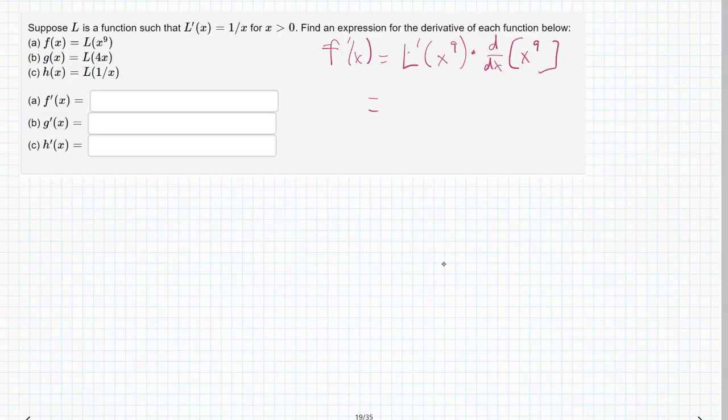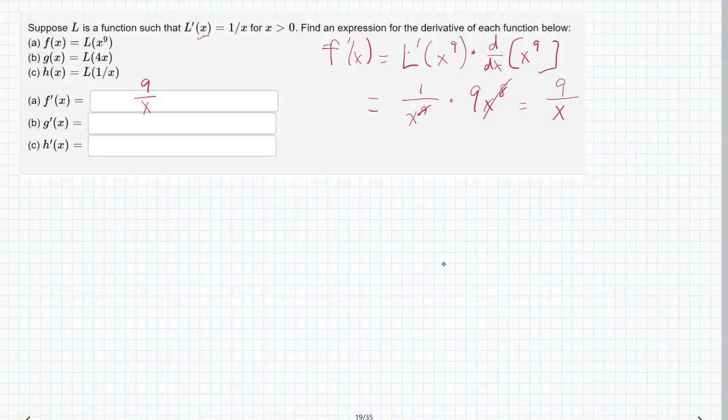We already know L prime of x to the 9th is 1 over x to the 9th, times the derivative of x to the 9th, which is 9x to the 8th. Simplifying, the x to the 8th cancels with the x to the 9th, leaving just one x, so you're left with 9 over x as your final solution.